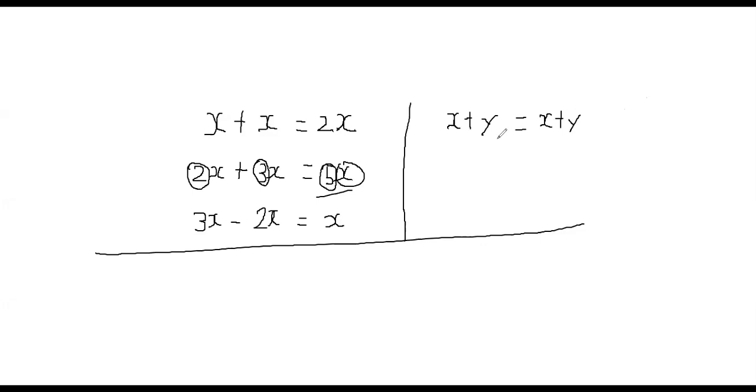Good. Same thing goes for subtraction. Remember, this rule applies to addition or subtraction, right? Let's say we have 2x plus 3y. Can't work, because this is an x term and this is a y term.